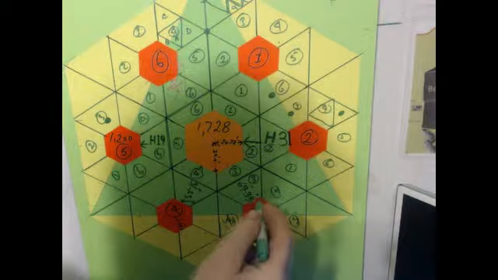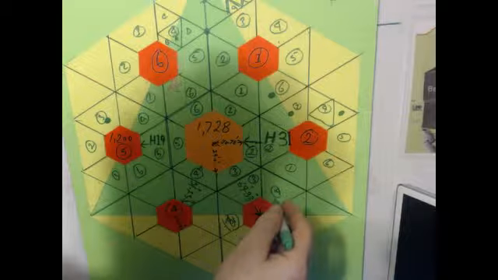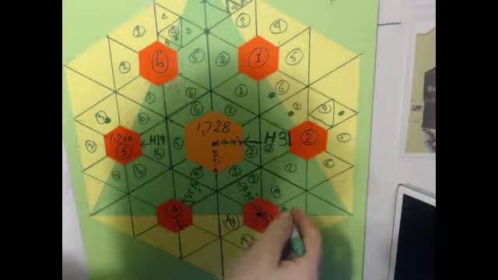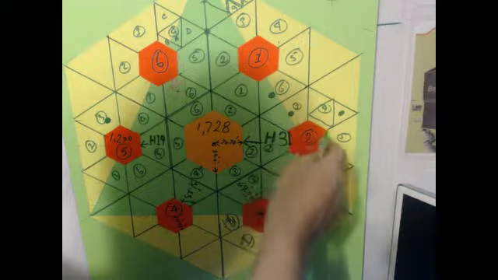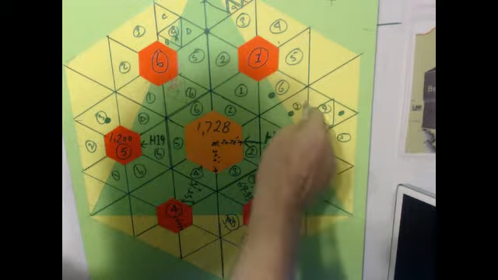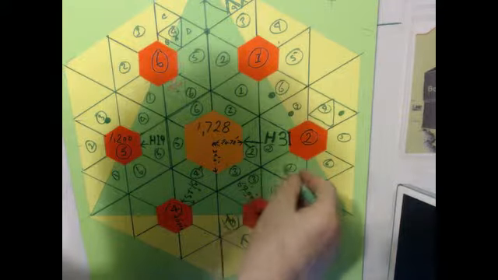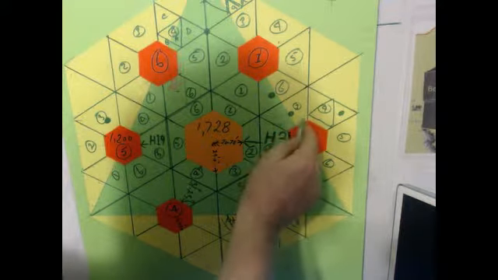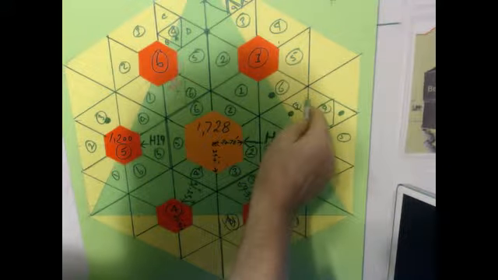Okay, let's try this. This part's closest. This part's closest. So it looks like you do have a little bit of a pattern here.